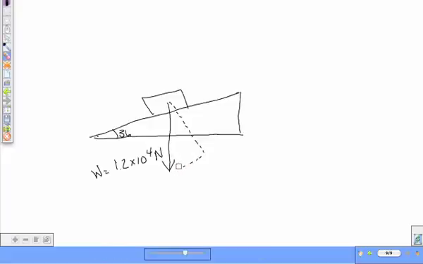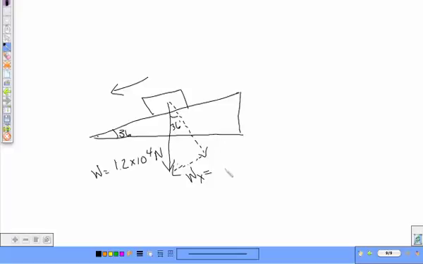Is that going to be WX or WY? What direction is that car going to roll? It's going to roll down this way, right? And that's due to WX. So WX is what? This again is 36 degrees, so we're going to use sine, right?